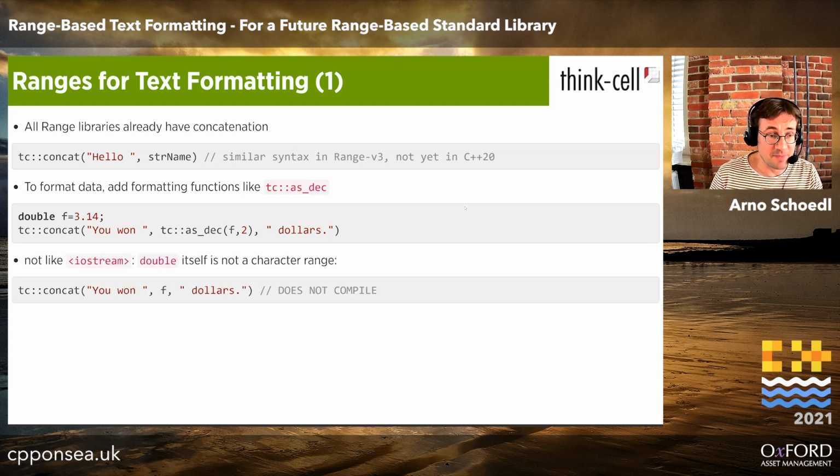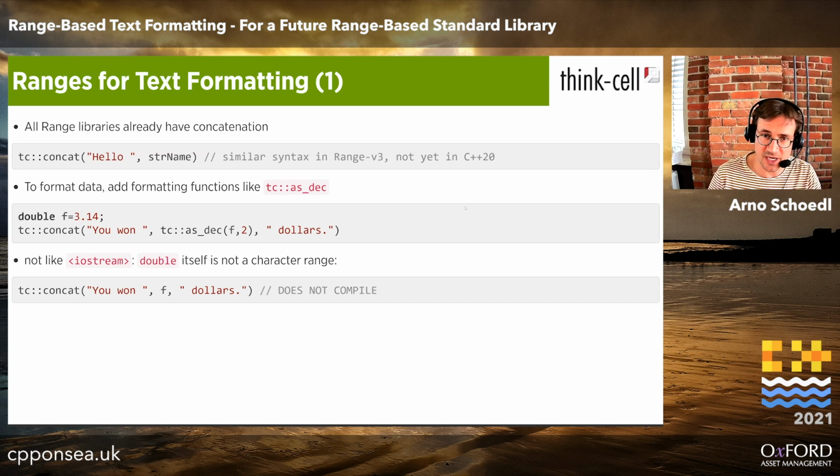Now, keep in mind with this design, it's not like IOStream. A double itself, when you just insert it, is not a character range, because a double is not a range, right? Even if you're doing by and large concepts or duck typing, and everything is very generic, we still have to be clear about the semantics of what we are talking about. And a double is just a number.